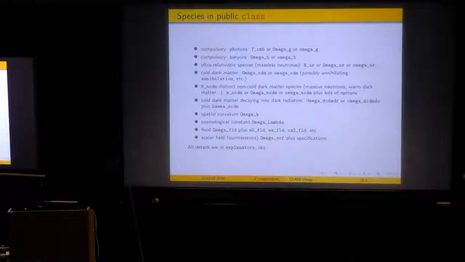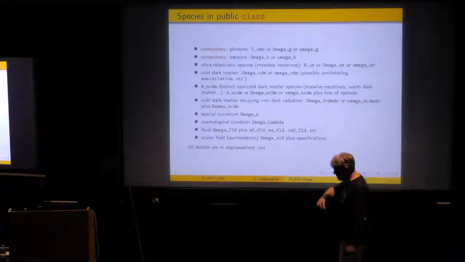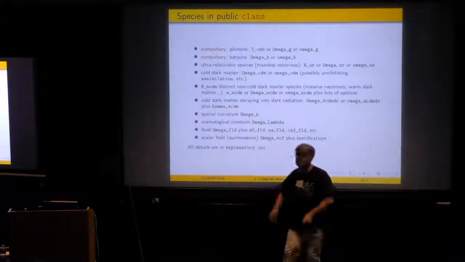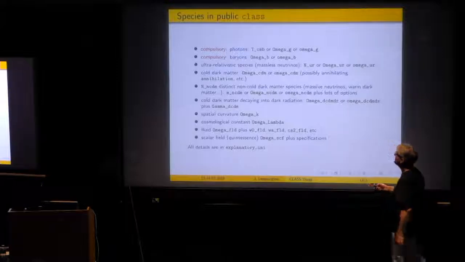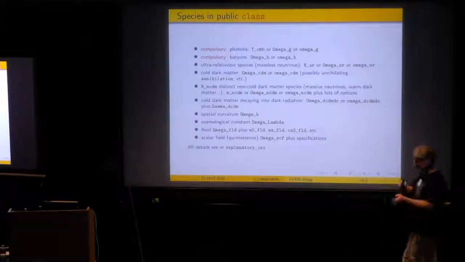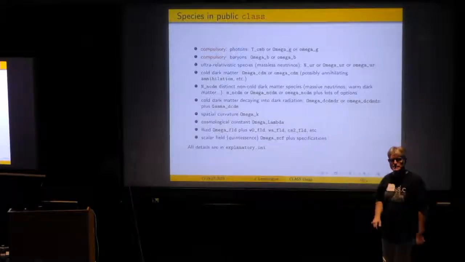You can change the shape of the phase space distribution. You can change its normalization, like for those who know sterile neutrinos, like in the Dodelson-Widrow mechanism. And finally, you are allowed to have many of these non-cold species, because you could want at the same time 3 normal active neutrinos plus 1 sterile neutrino plus 1 warm dark matter component. Then you would set this number to 5, and for each of them, you would set independently your properties.